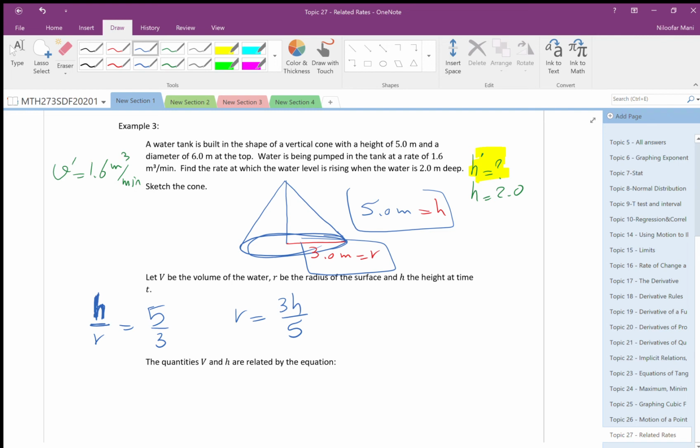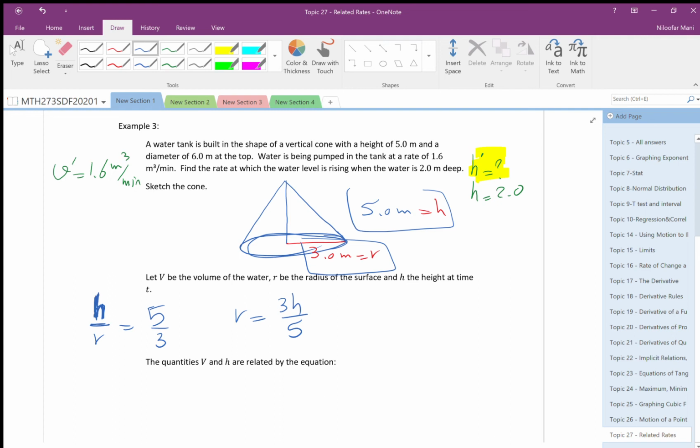You have also H because you need extra information, but there is nothing about R. So I have to write R based on H, and I can substitute. So I know H over R is 5 over 3, and both of them should be in meters, 5 meters, 6 meters, which is divided by 2, 3 meters. So then I know R is 3H over 5, and I can substitute here.